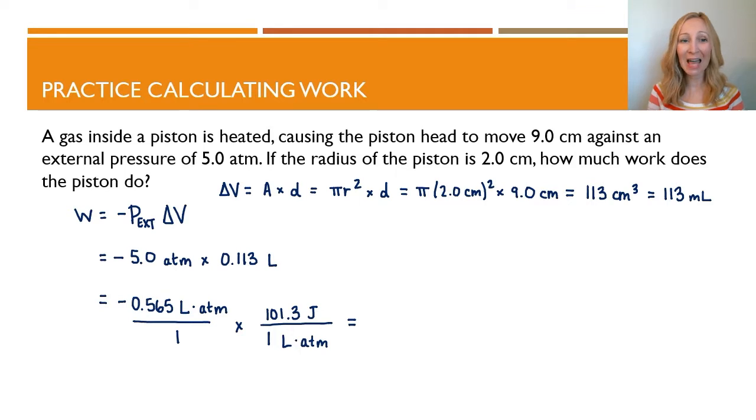So we multiply that by our 0.565 liter atmospheres, and we get negative 57 joules. So a negative 57 joules. That means overall work is being done to the surroundings. The system is doing work to the surroundings, so it's losing that energy. So it's a negative value.